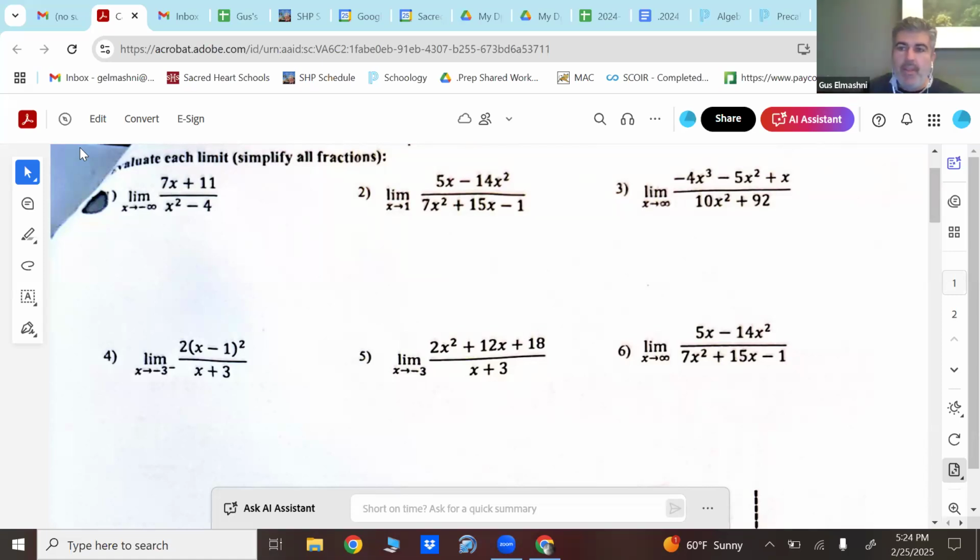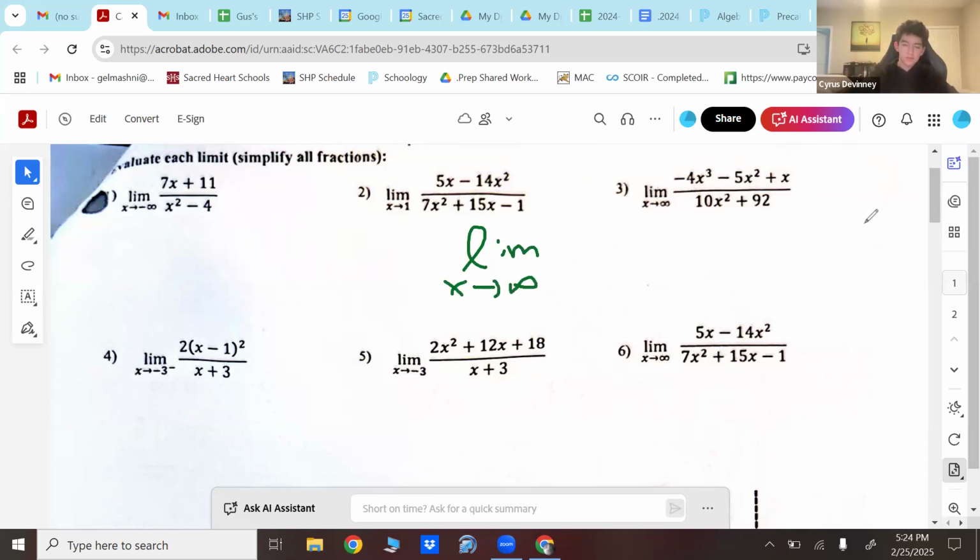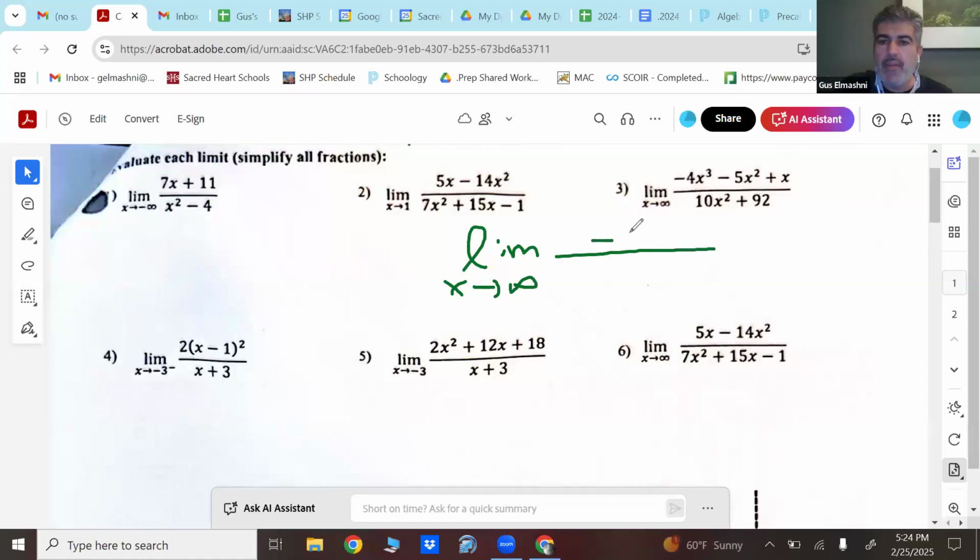All right. So for 3, you're going to do this limit, negative 4x cubed over 10x squared, and then plus 92.